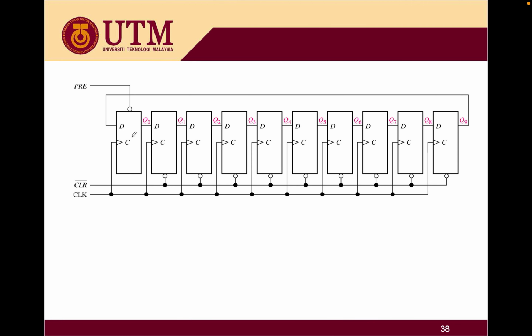Of course, you're going to have 0, 1, 2, 3, 4, 5, 6, 7, 8, 9, all together 10 flip-flops, from flip-flop 0 to flip-flop 9, with outputs Q0 until Q9. You can see here that you have a connection looping back to the D input.